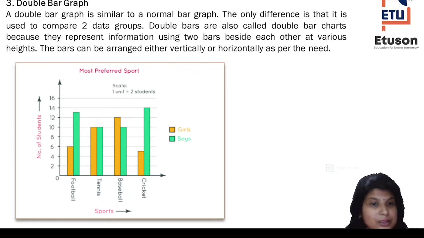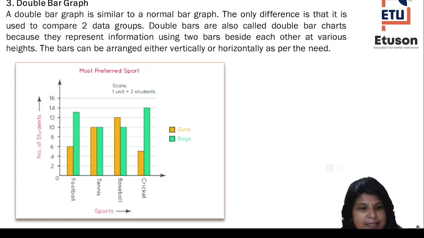Here one unit is equal to 2 students, and green color represents boys and yellow color represents girls.